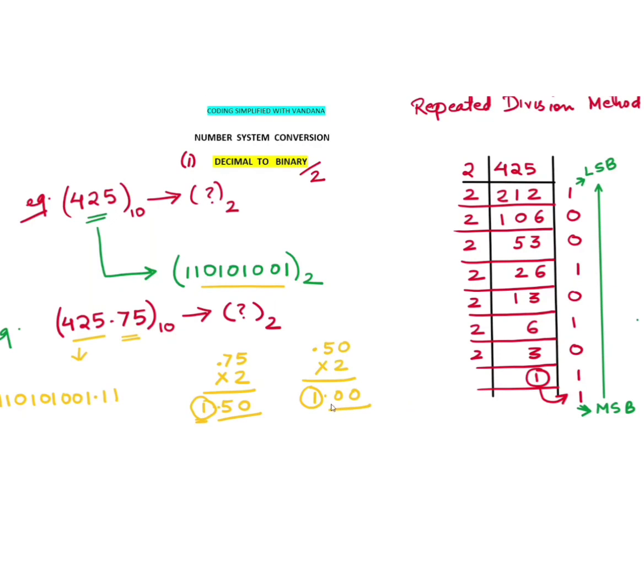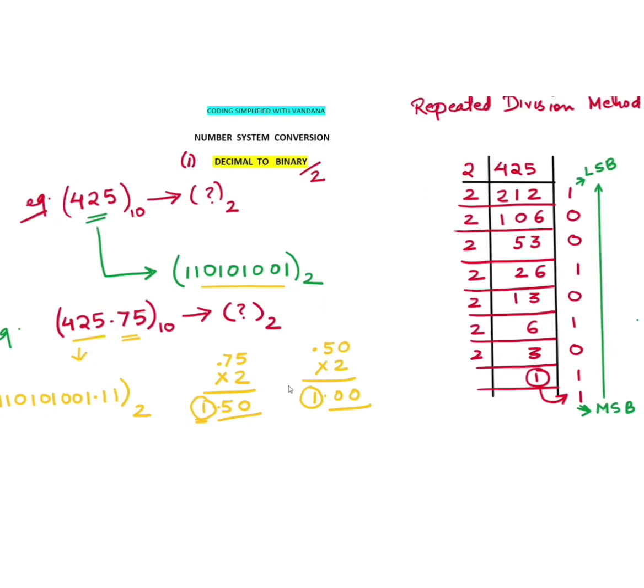What is left over now? 0.00. So here we are going to halt. This is the end of the process of multiplication. So finally we get this as the binary equivalent for this entire decimal number.